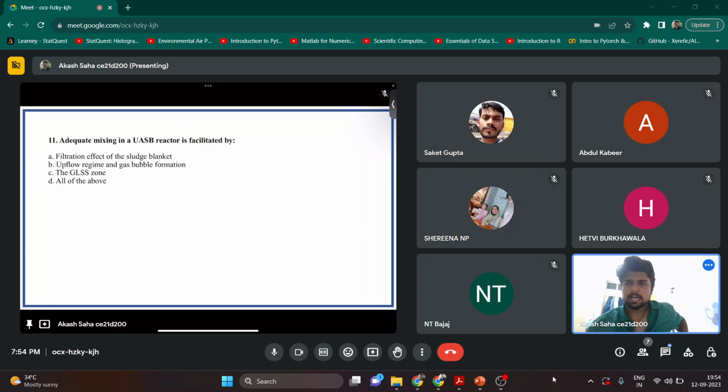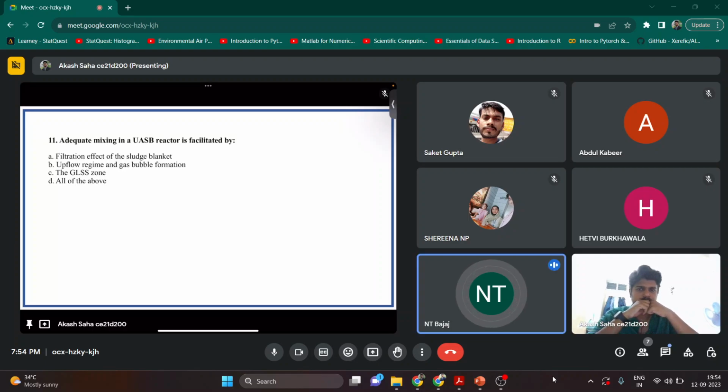Okay. Adequate mixing in a USB reactor is facilitated by. So what out of these four options helps in adequate mixing? A, filtration effect. B, upflow regime and gas bubble formation. C, the GLSS zone, or D, all of the above. All of the above.